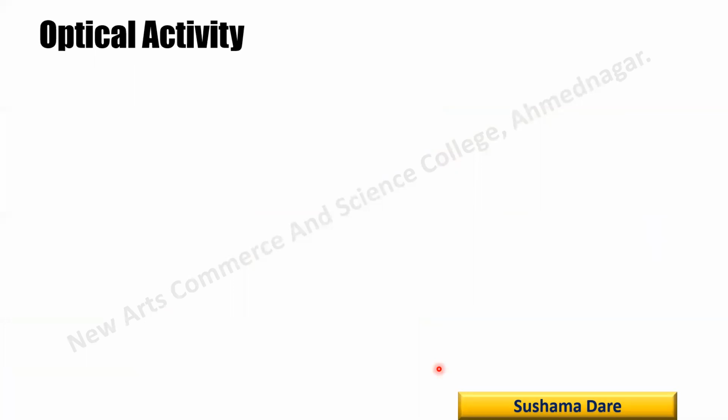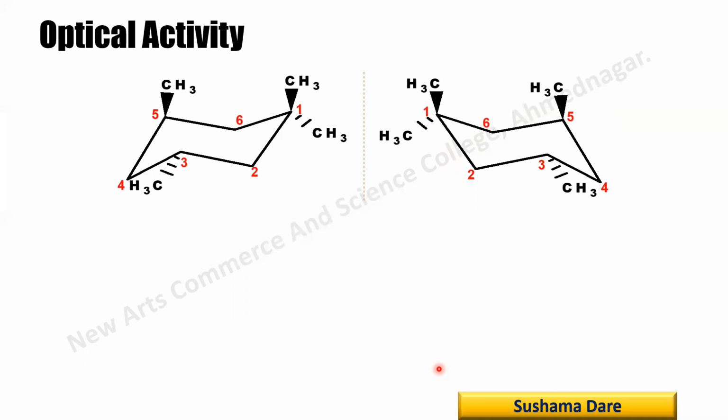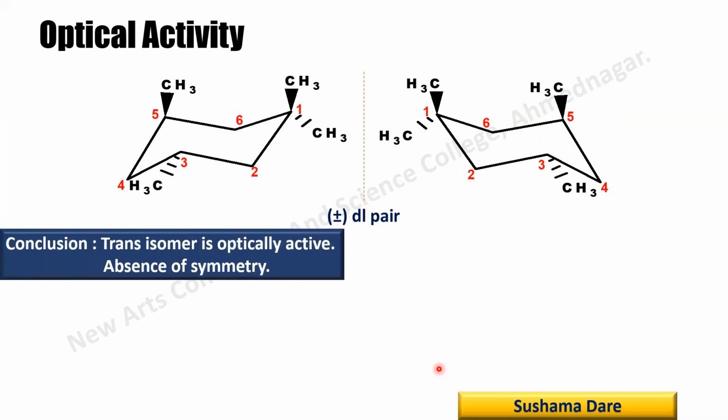So if we compare with the cis molecule, the trans molecule is unstable as compared to the cis. Now the optical activity of the trans molecule: as there is an absence of a plane of symmetry, this molecule is optically active and hence it exists as a DL pair.